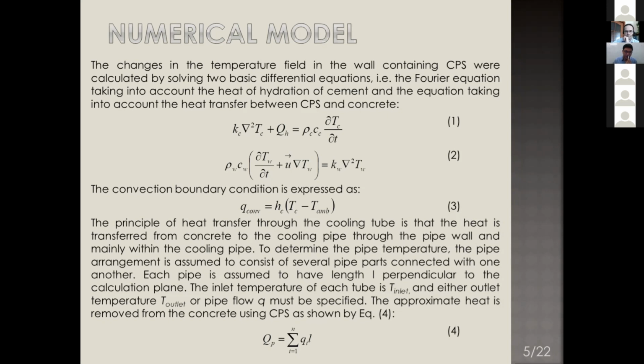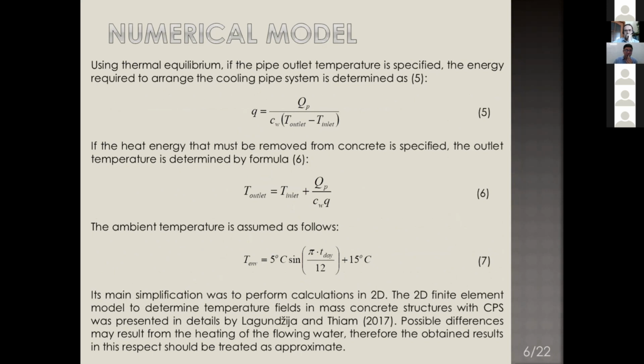The heat energy removed from the concrete by CPS is shown by equation number 4. Using thermal equilibrium, if the pipe outlet temperature is specified, the energy required to remove from the cooling system is determined as you can see in equation number 5.